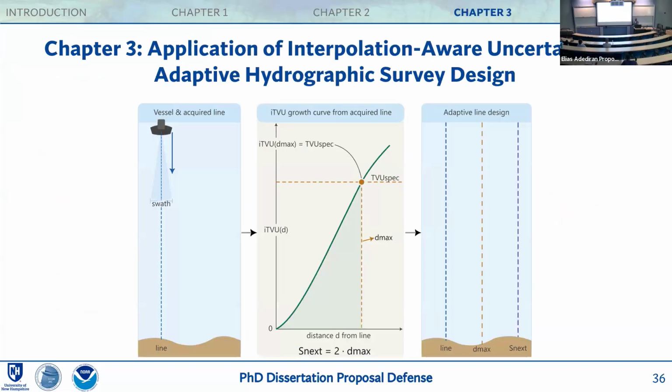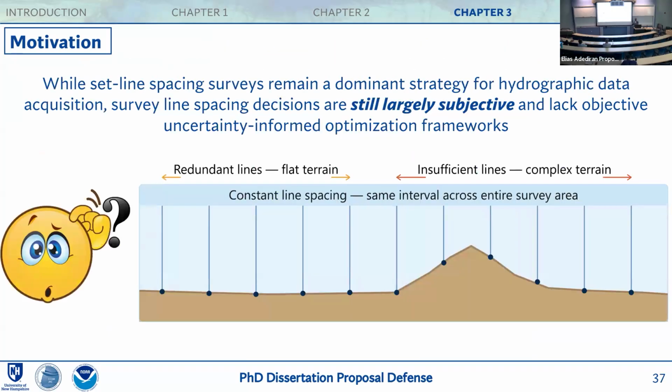Finally, chapter 3 takes the information that we get from chapter 1 and chapter 2 and takes this further, applying it to adaptive hydrographic survey design. What do I mean by this? Currently, we use set line spacing a lot, especially in the United States, which is good, it's what we can do.